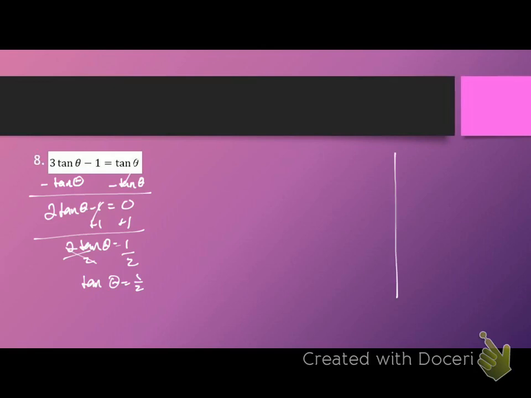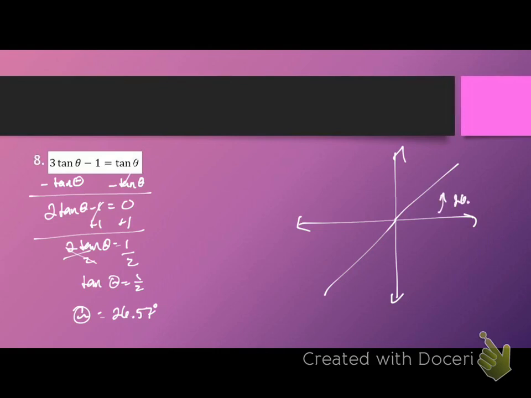I'm going to do a quick quadrant analysis first. Tangent's positive, which happens in the first quadrant and the third quadrant. So when I type in inverse tangent of 1/2, I get 26.57. Definitely puts me into quadrant 1.